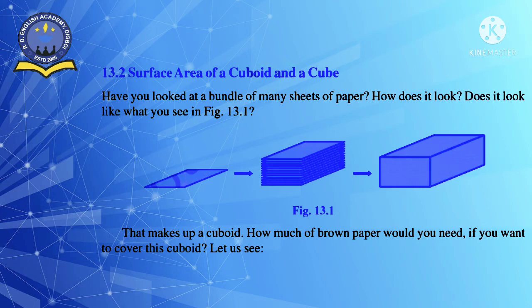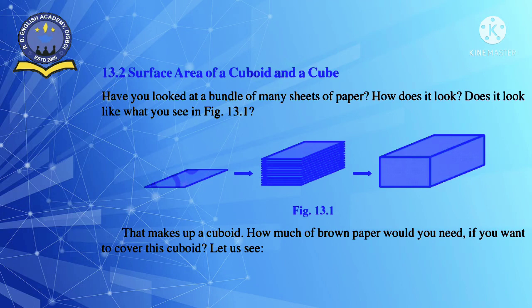First of all, one paper looks like a rectangle, and when we look at this bundle, obviously it looks like a cuboid. Here it is written that it makes up a cuboid. How much paper would you need if you want to cover this cuboid? Let us see.